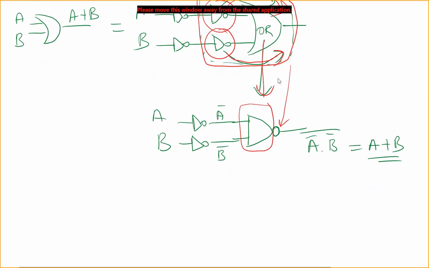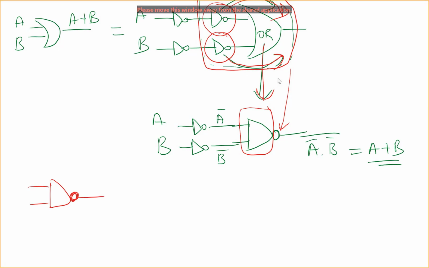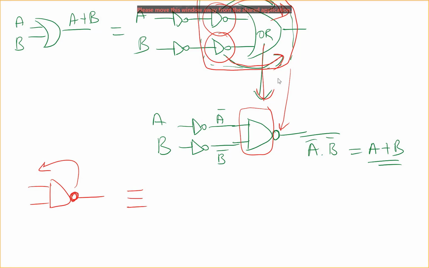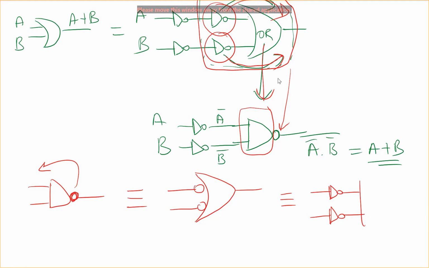So let's do a similar thing with the NAND gate, and in this case we push the bubble or the inverter from output to the input. So this is basically equal to having inverters at the input, but now our gate becomes an OR gate. So this is also equal to two inverters or two NOT gates at the input, and we have the OR gate here.